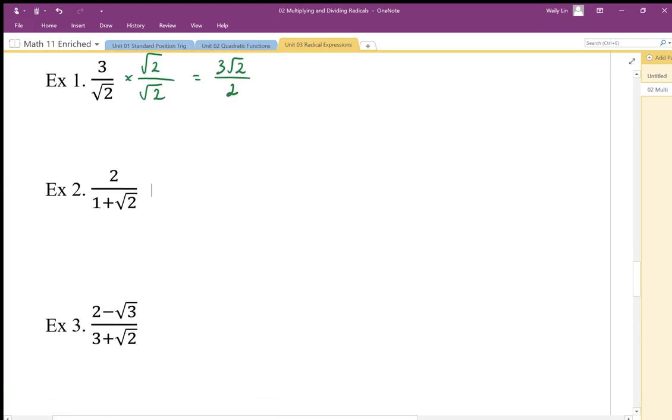So I'm going to multiply this by its conjugate, 1 minus root 2. I have to balance the fraction by doing the same to the top. In the denominator, I'm going to end up with 1 plus root 2 minus root 2 minus root 2 times root 2, which is 2.